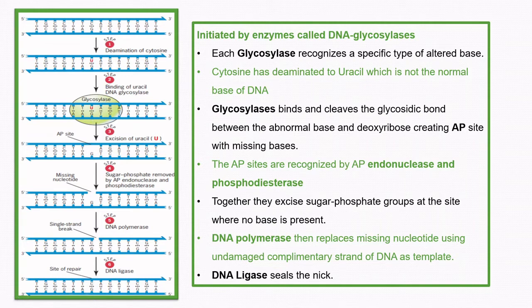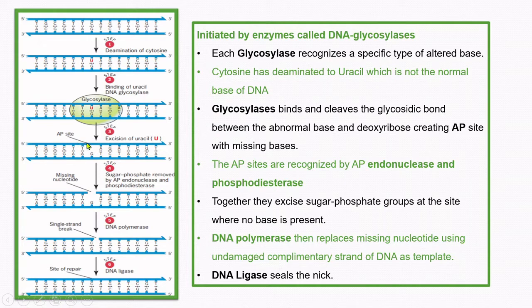Now the enzyme glycosylase binds to the uracil and cleaves the glycosidic bond between the abnormal base and the deoxyribose sugar, creating an AP site.